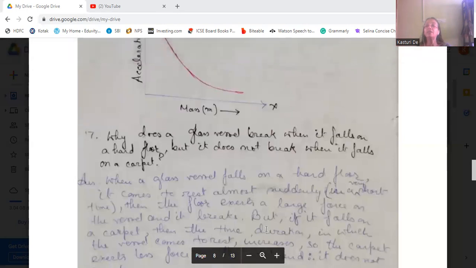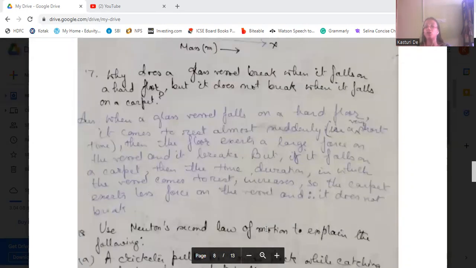Now, why does a glass vessel break when it falls on a hard floor, but it does not break when it falls on the carpet? When a glass vessel falls on the hard floor, it suddenly comes to rest. So a great force is experienced by that glass vessel, so it breaks.